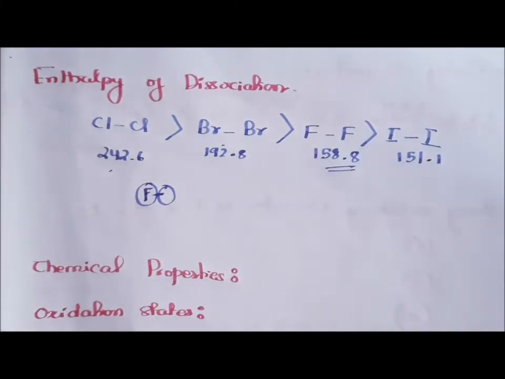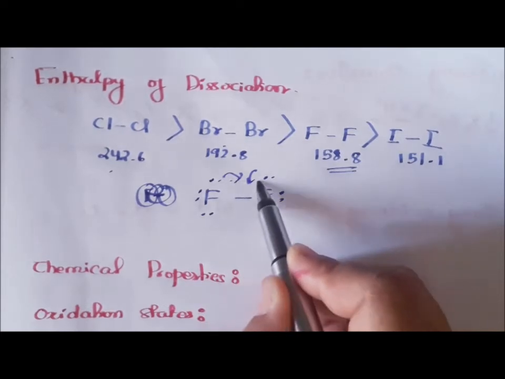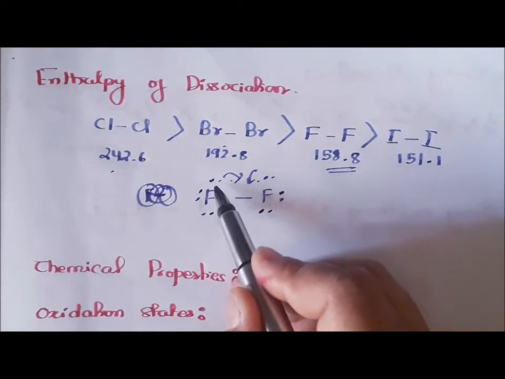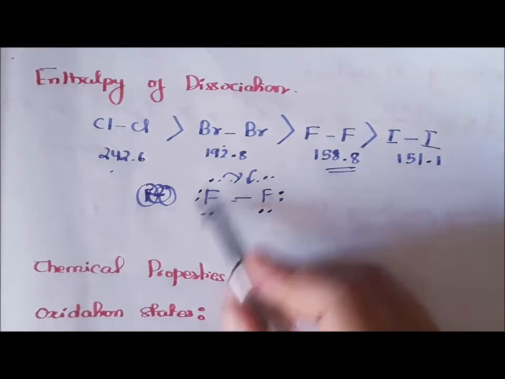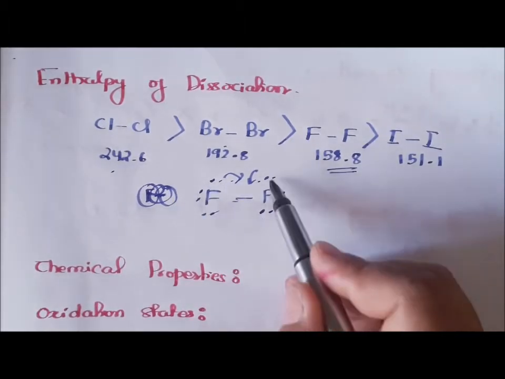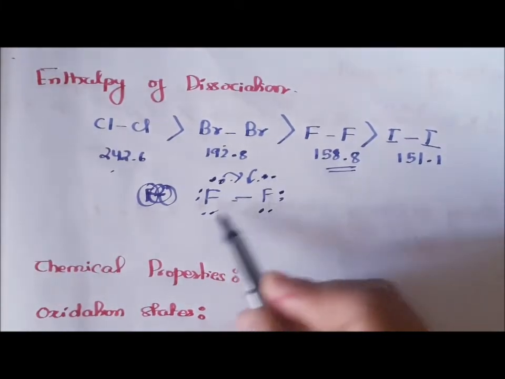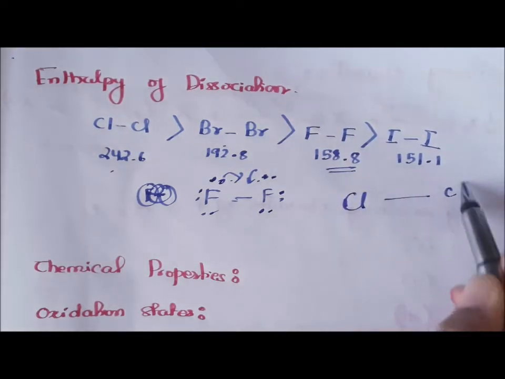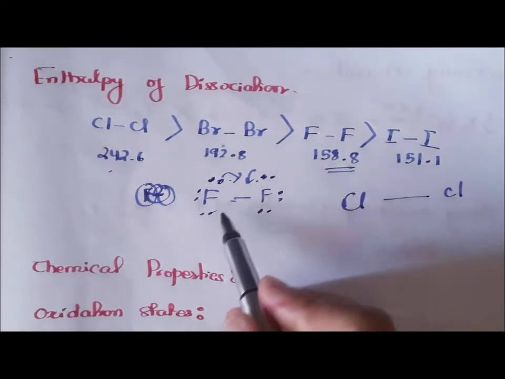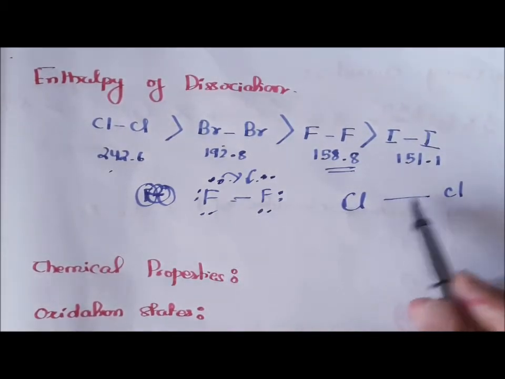Because of the smallest size, there is more electron repulsion of the lone pairs, which makes the bond weaker. Whereas chlorine, because of its comparatively larger size than fluorine, has very weak repulsion.